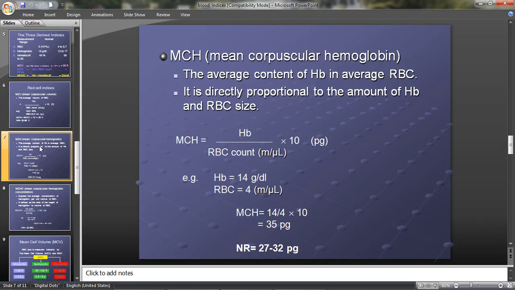Now if we assume that the hemoglobin is 14 grams per deciliter and RBC is 4 million per microliter, MCH by calculation would be 35 picogram. The normal range is 27 to 32 picogram.